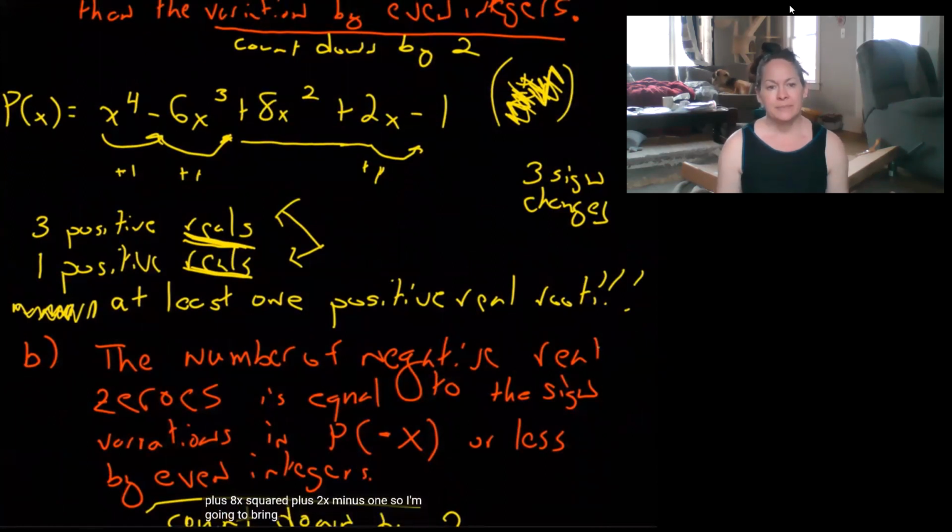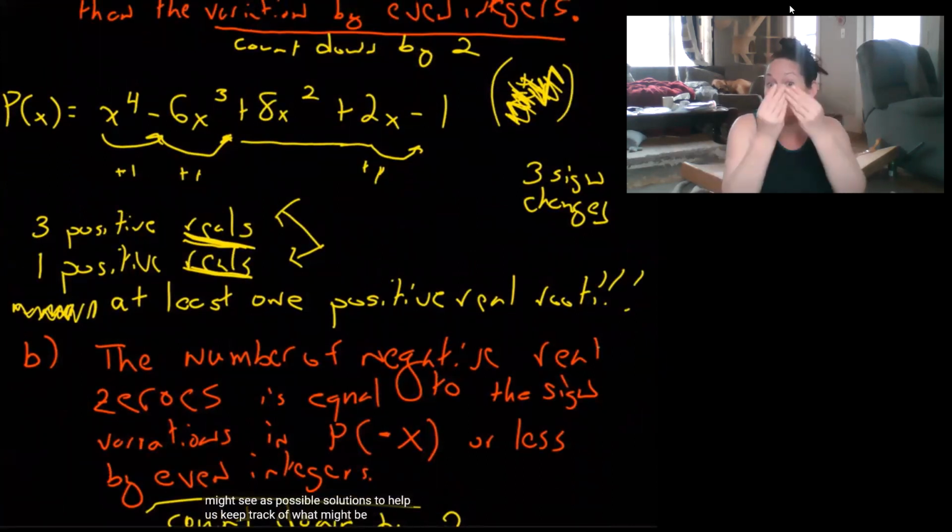So I'm going to bring that up there, and I'm going to put the fundamental theorem of algebra on top of the conjugate pair theorem, on top of Descartes' rule of signs, and we're going to look at everything we might see as possible solutions to help us keep track of what might be happening with this.